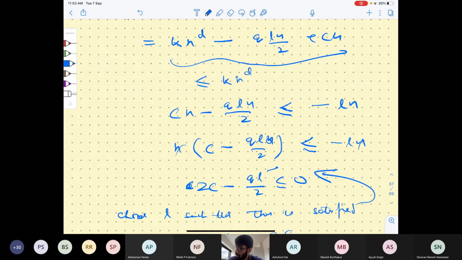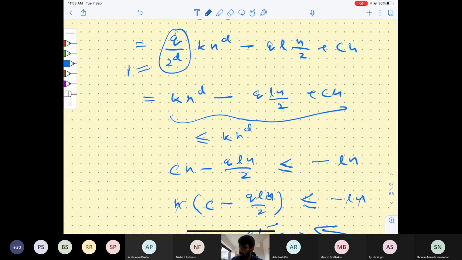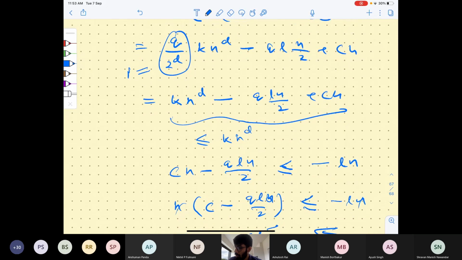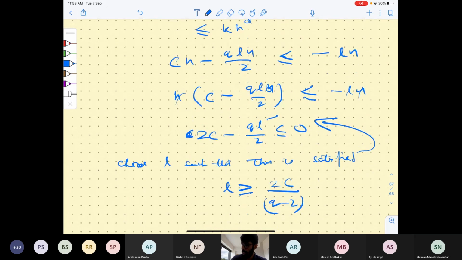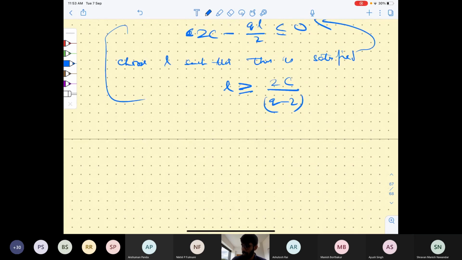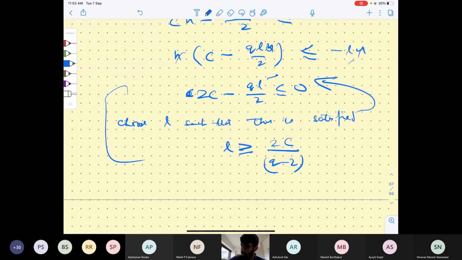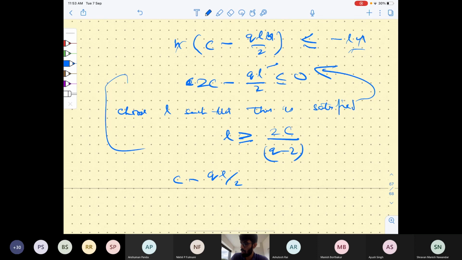So you want this q l over 2 minus C to be less than or equal to minus l. The calculation will change slightly. I would have made a mistake, but you can choose l such that this is satisfied, and this l should turn out to be positive. So C minus q l over 2 should be less than or equal to minus l, so C is less than or equal to l times q over 2 minus 1.